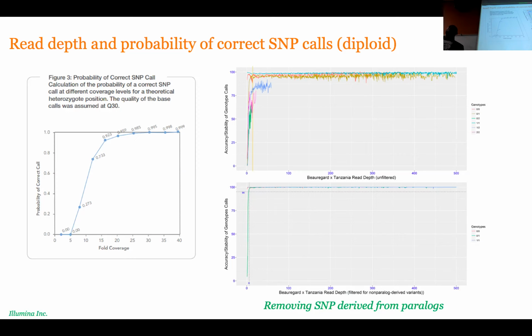But if you're looking at a highly heterozygous genome, with variation between the two states, read depth becomes crucial. And as you approach higher coverage, you flatten out to almost 100%.